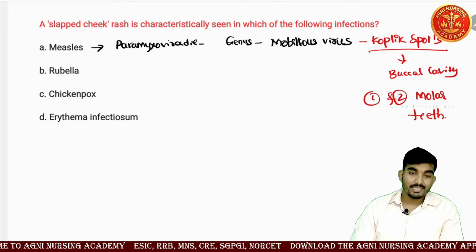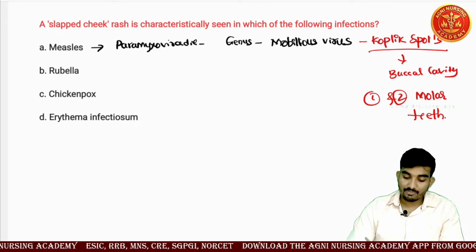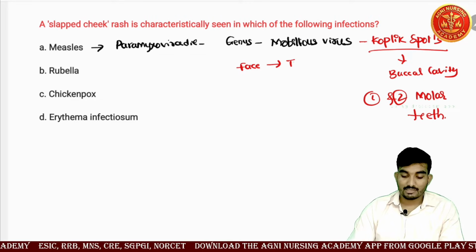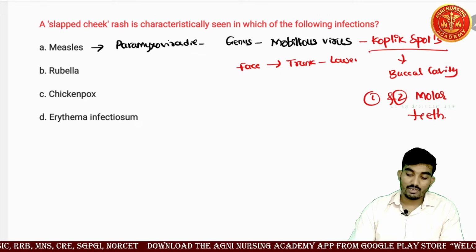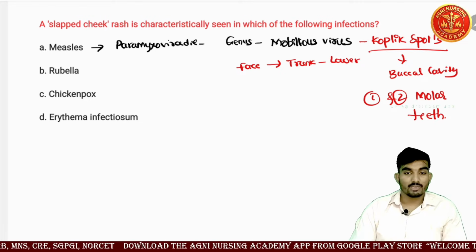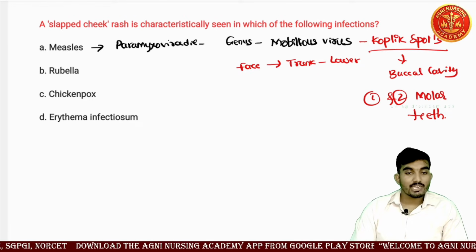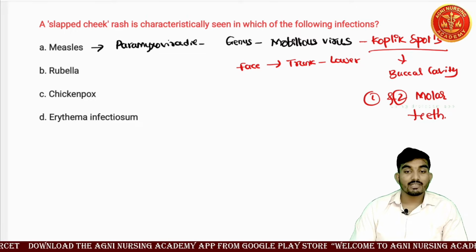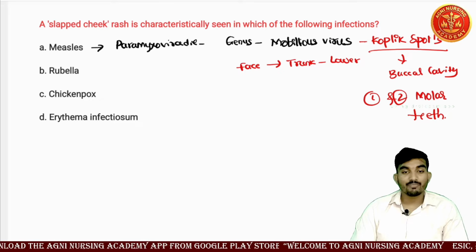In measles and rubella, the appearance of rashes is the same. First it appears on the face, then goes to the trunk, then the lower part of the body. The difference between measles and rubella is the period of appearance and disappearance of the rashes.